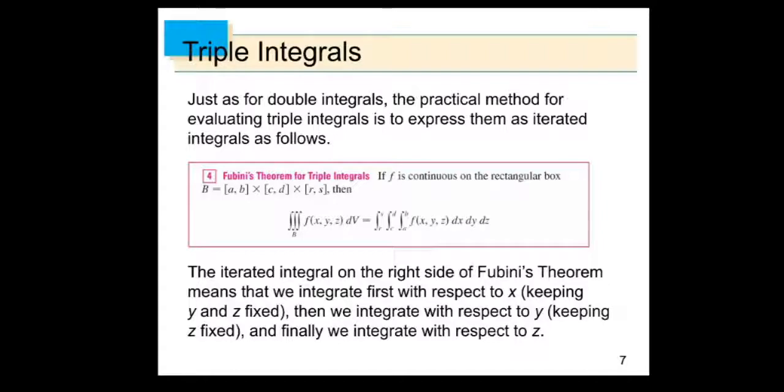So you remember we talked about Fubini's theorem for double integrals, where we were finding the area over [a,b] × [c,d]. Here we just have a slight addition of [r,s], that is our z dimension.